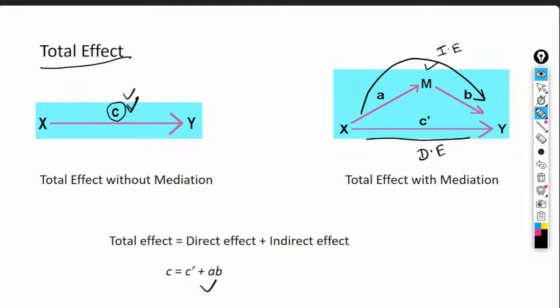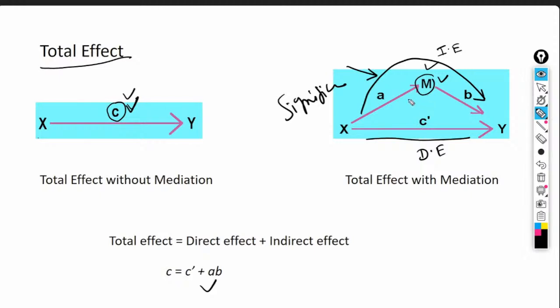So total effect is equal to direct plus indirect effect. In a mediation, generally we find whether this indirect effect is significant or not. If this indirect effect is significant, it means there is a mediation, this mediating variable is working.